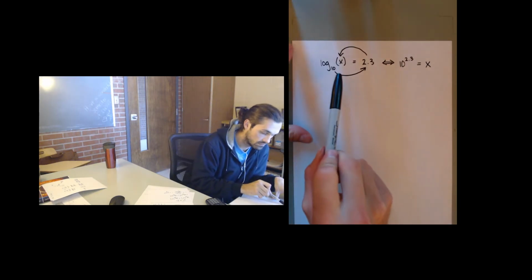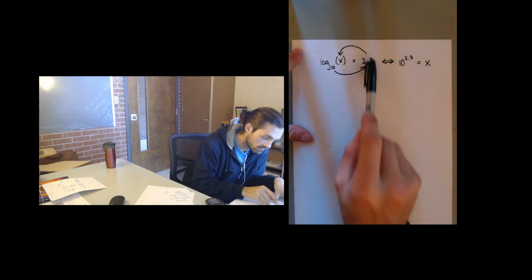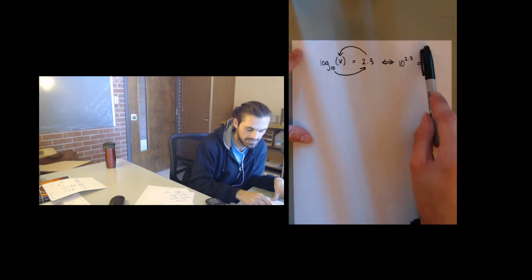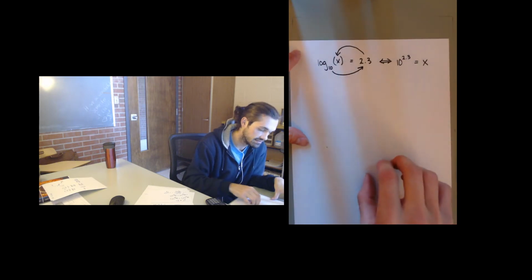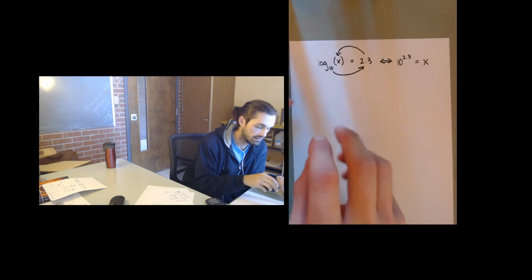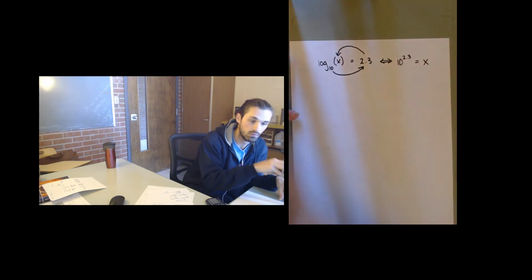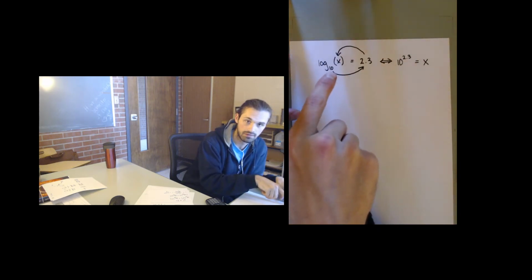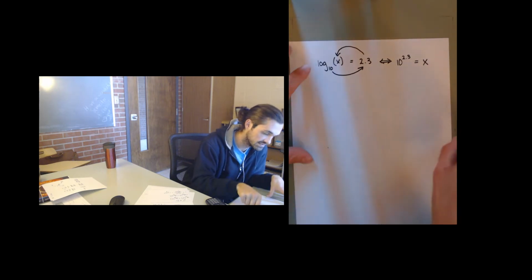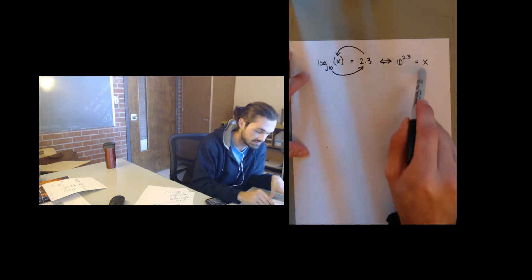So recognize the log statement can be rephrased as an exponential statement, and that's really because they're inverse operations of each other, right? It would be like stating a multiplication by a fraction in terms of division. There's a very nice duality to the logs and the exponentials.